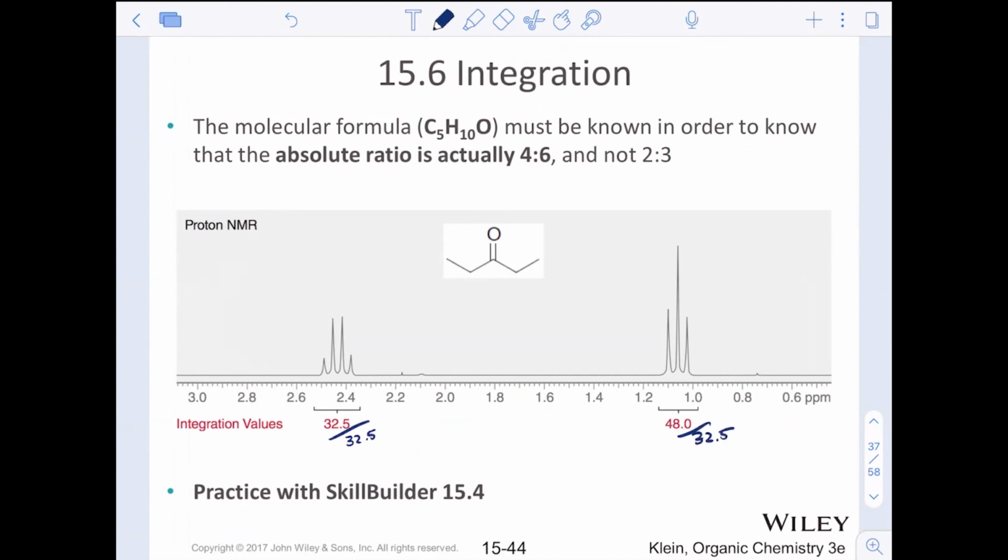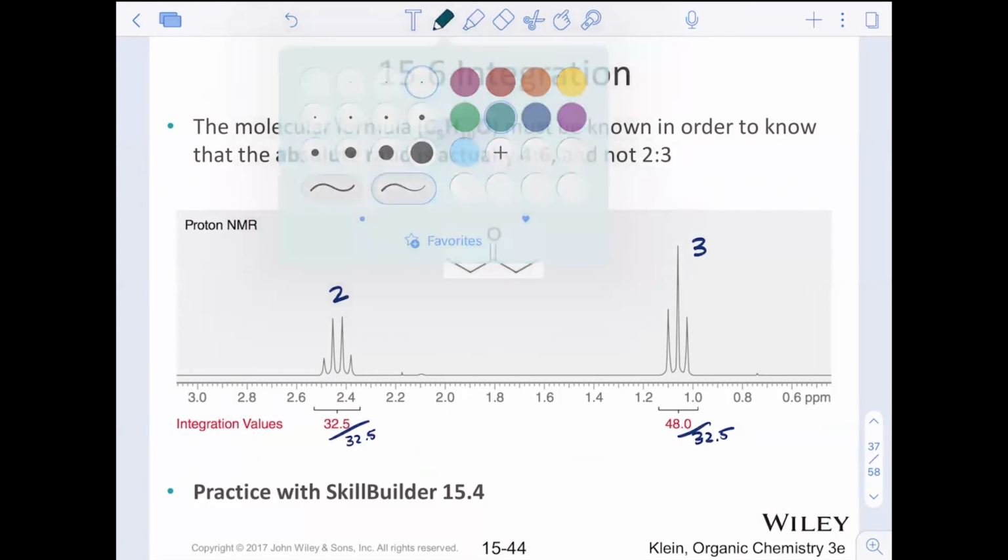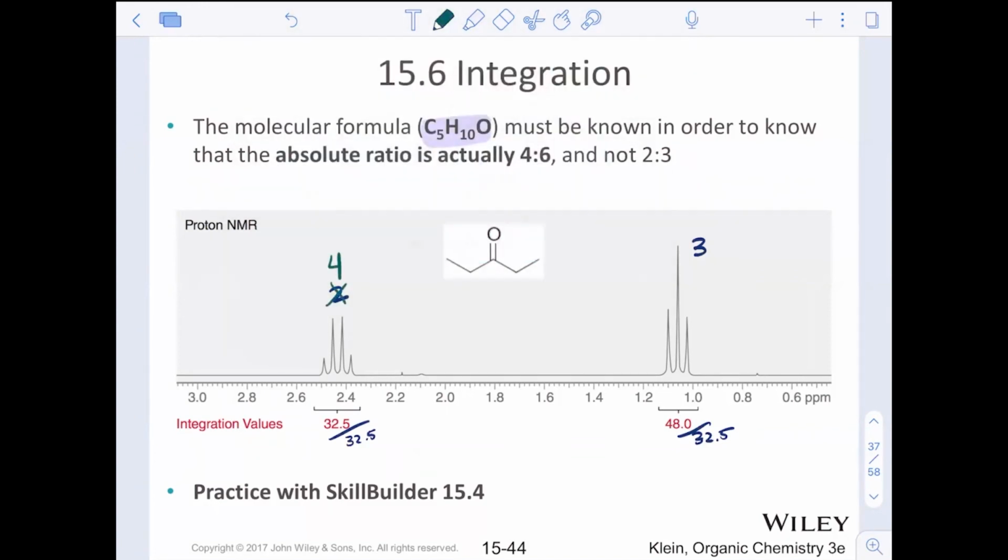We'd find the smallest whole number ratio, and it would be a 2 to 3 ratio. What you would note is that if you were given a molecular formula, which typically you are, you would say, well, hey, 2 plus 3 is 5. That does not add up to 10. So I can actually take those integration values and make them double, right? 4 plus 6, same 2 to 3 ratio, just adding up to my C5H10 there. All right, excellent.